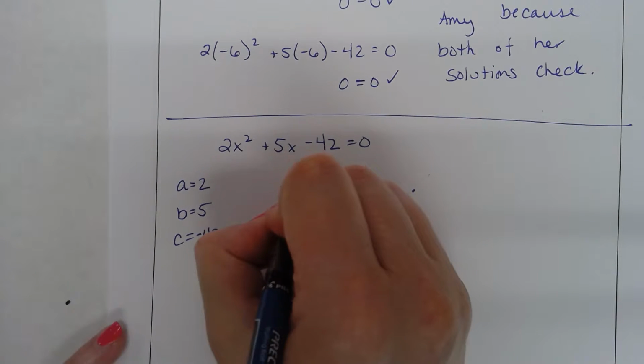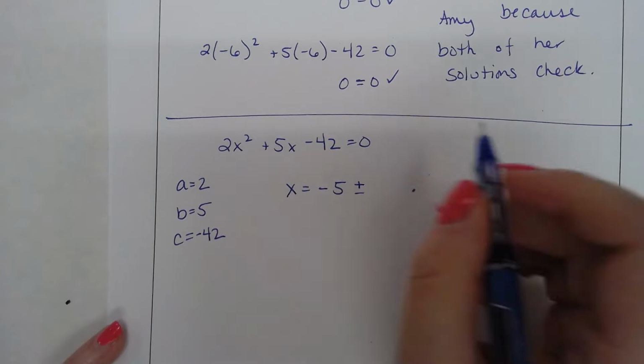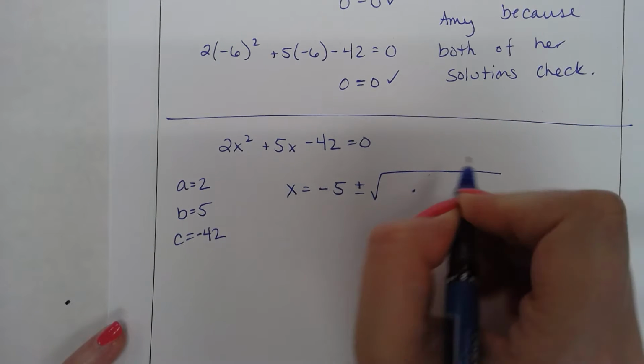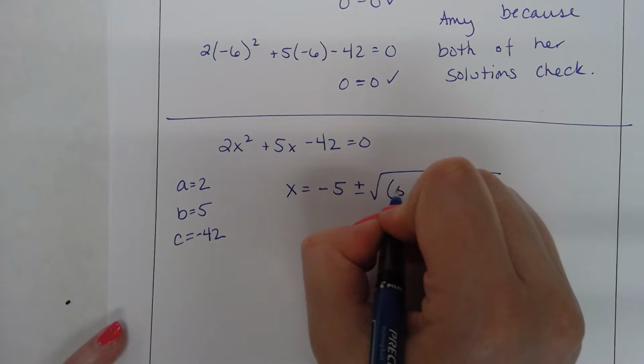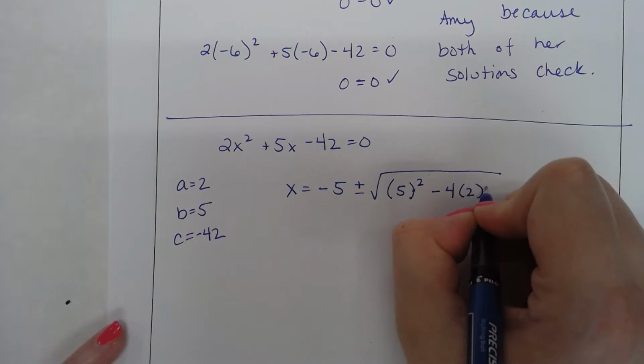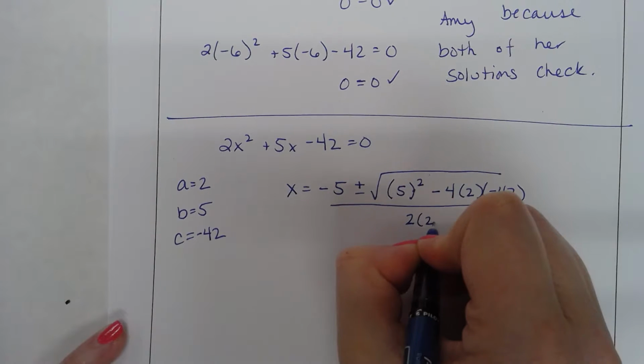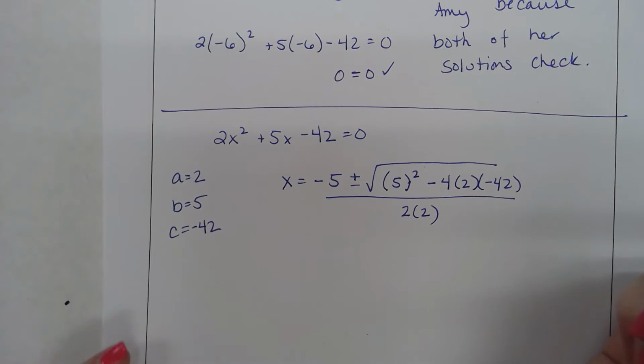x equals negative b plus or minus the square root of b squared minus 4ac all over 2a. So there's my formula. Remember, it's on your reference sheet.